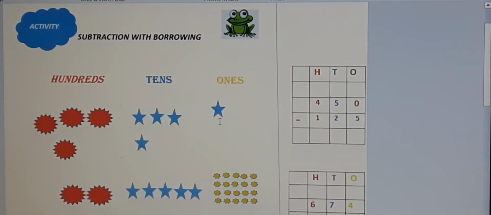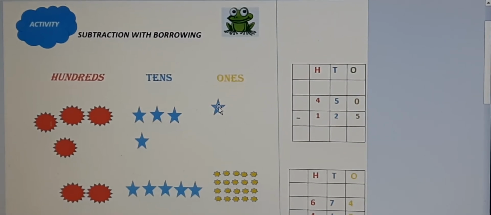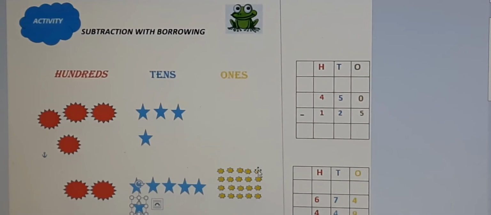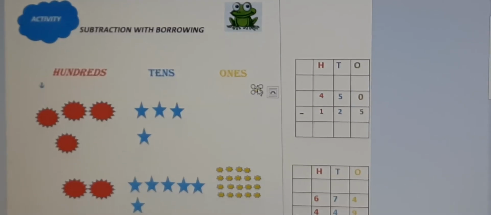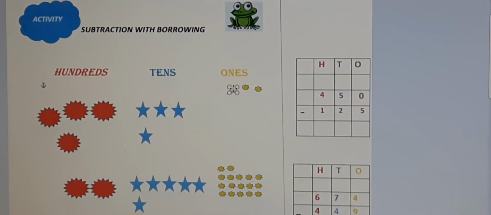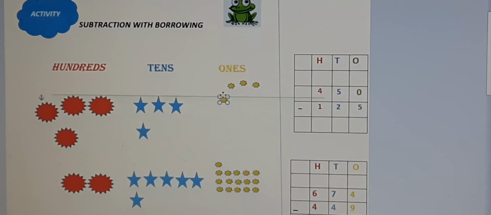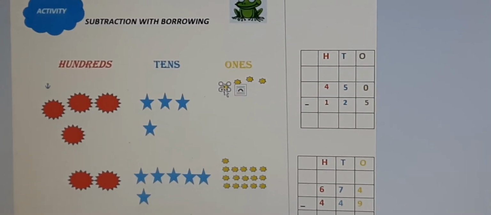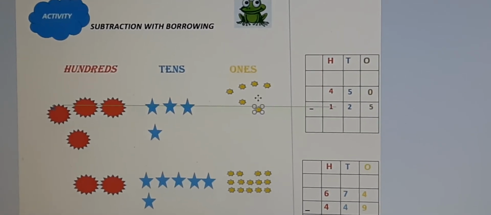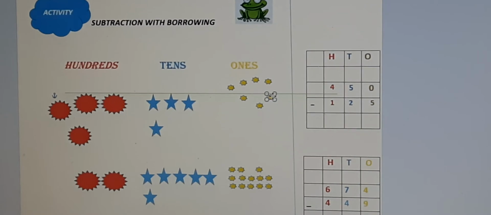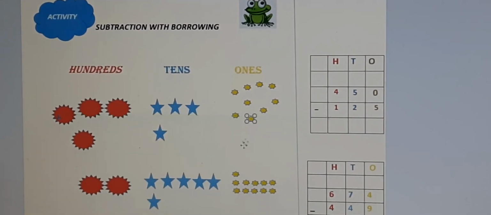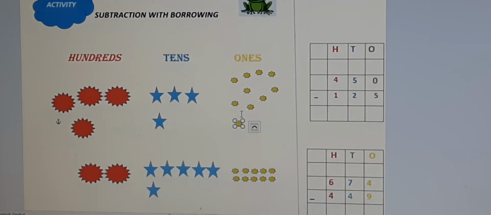And kids, as you already know, that 1 ten is equal to 10 ones. So 1 ten is equal to 10 ones. And let's count now. 1 ones, 2 ones, 3 ones, 4 ones, 5 ones, 6 ones, 7 ones, 8 ones, 9 ones and 10 ones.